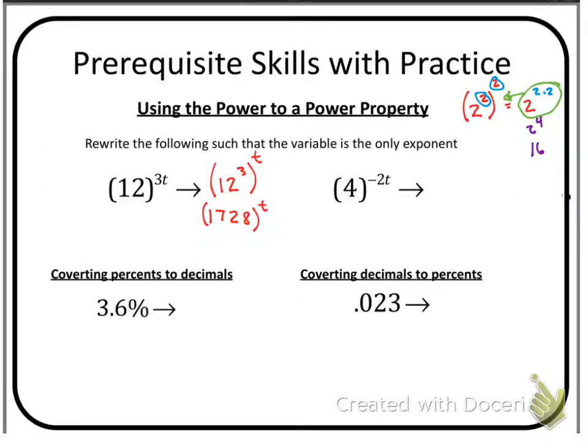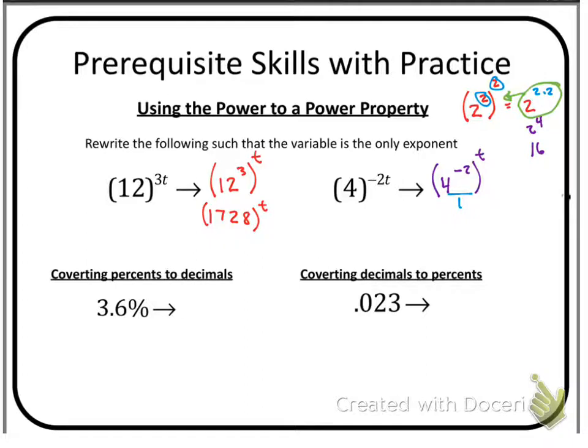Next one, same steps. We don't have a variable by itself for the exponent, so we want to split these. We're going to have 4 to the negative 2 power raised to the t power. So exponent raised to an exponent. Now we have that negative exponent property rule that says when we have a negative exponent, you have to reciprocate your fraction.